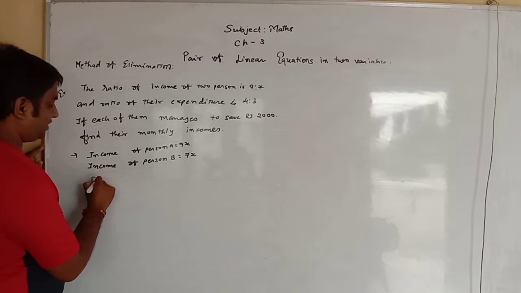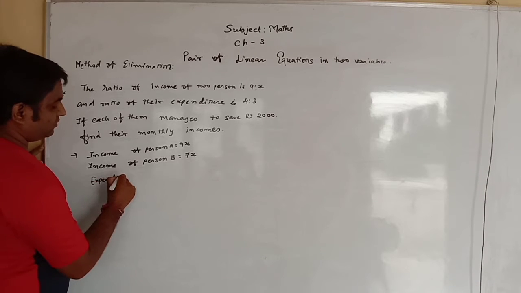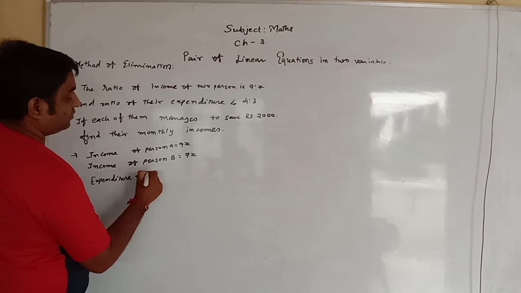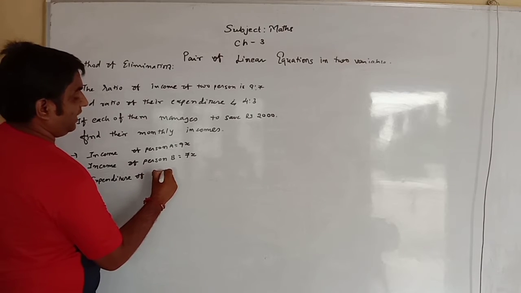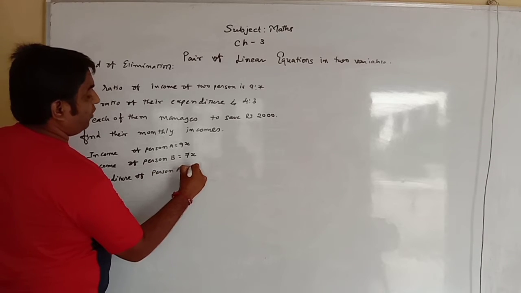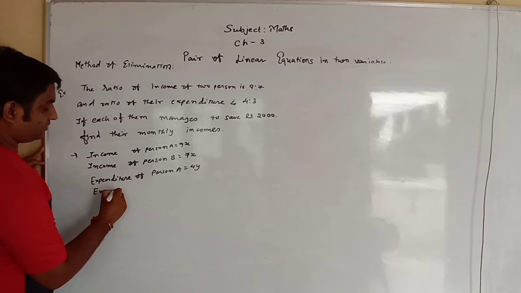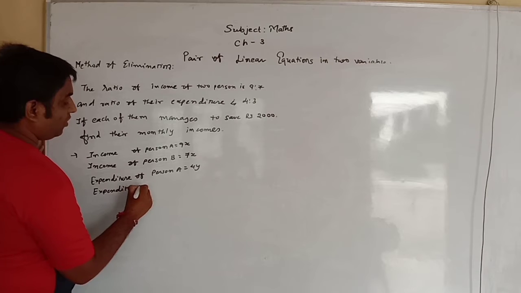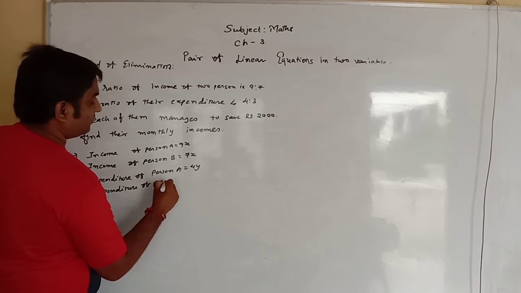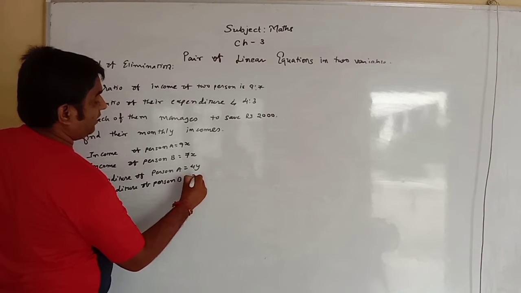So the expenditure of person A will be 4y and the expenditure of person B will be 3y.